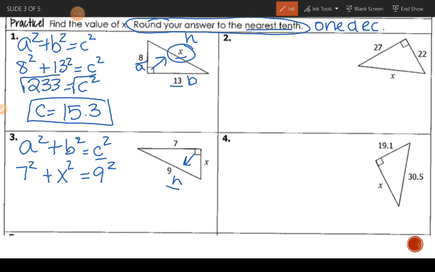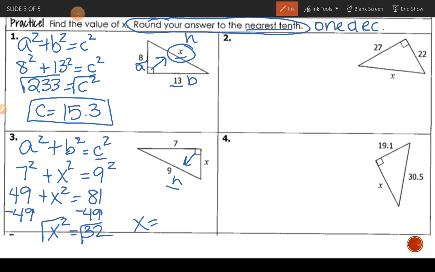Now we're going to solve for x. So 7 squared is 49, plus x squared is equal to 9 squared, which is 81. I'm going to subtract 49 from each side. And we get x squared is equal to 32. Again, to get rid of a square, we take the square root.